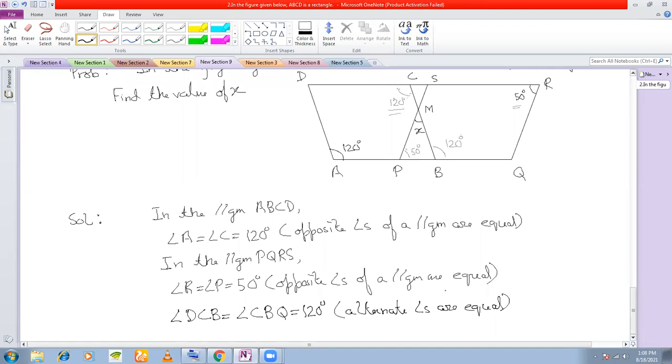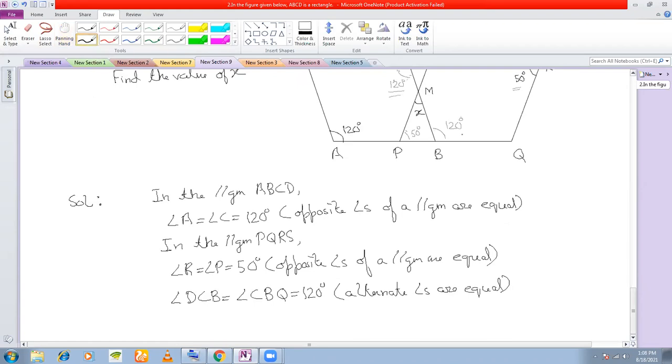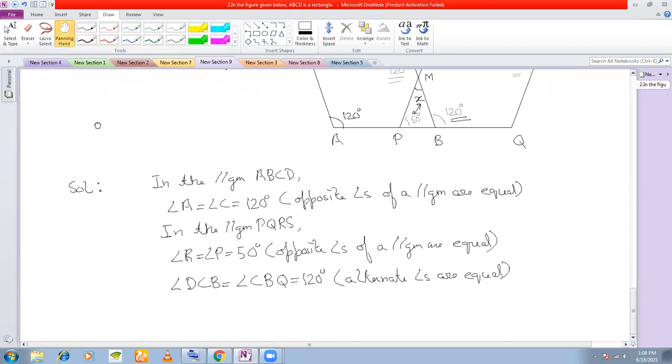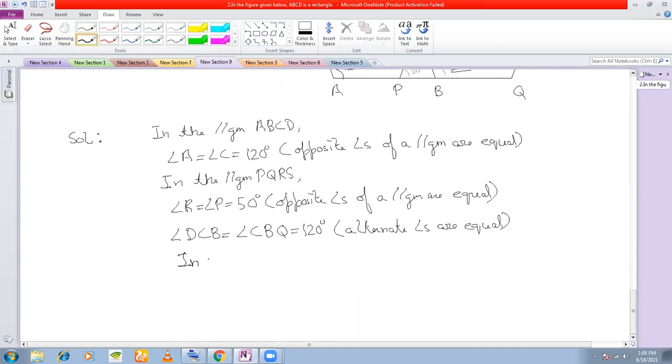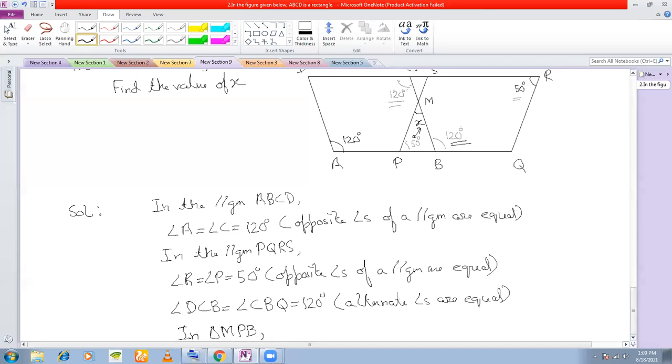Now we consider the triangle MPB. In MPB, the 120-degree angle is the exterior angle, and these two are interior opposite angles. So we write in triangle MPB, angle CBQ is equal to x plus 50.